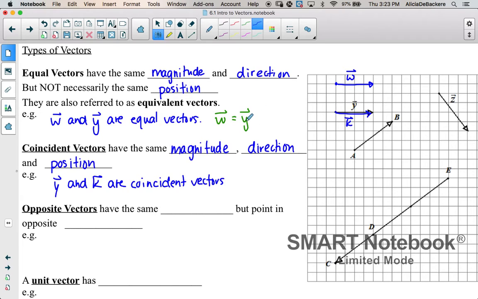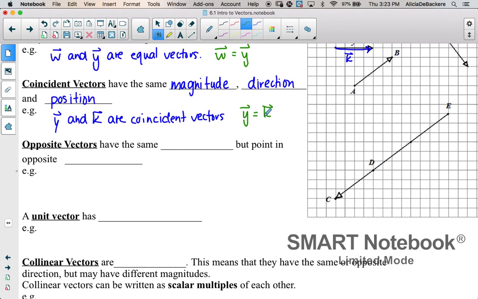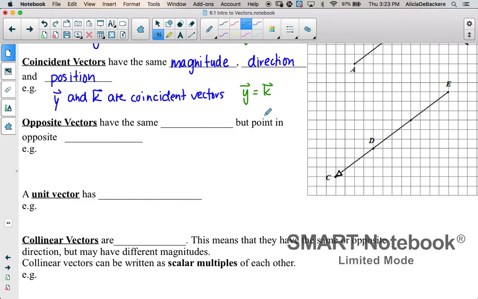So I can use this notation again and say that y equals k. But this only tells me that they're equal. To say that they're coincident, I would have to add a note beside that, just put it in words and say that they are coincident.